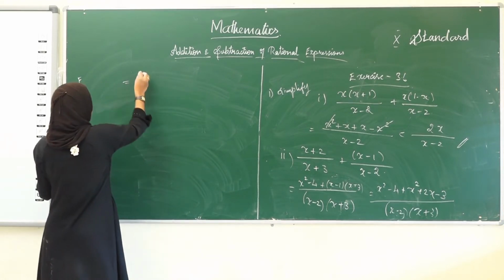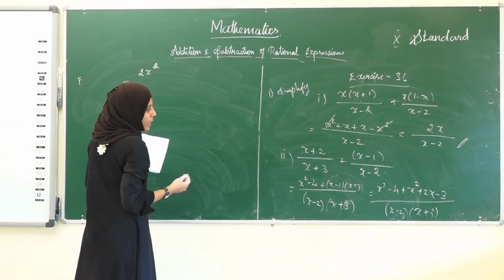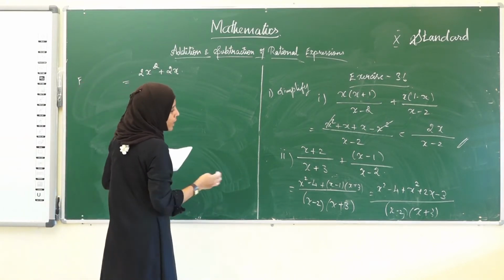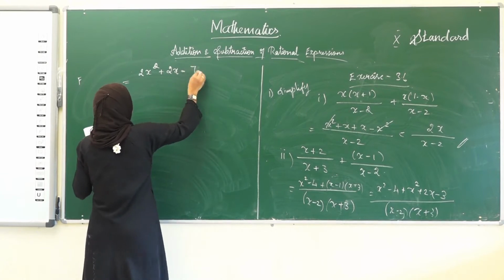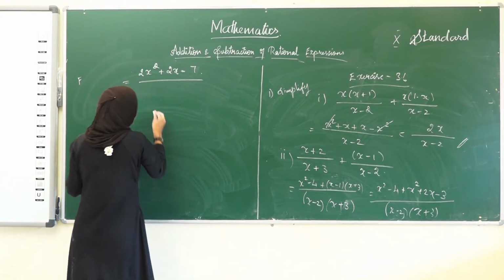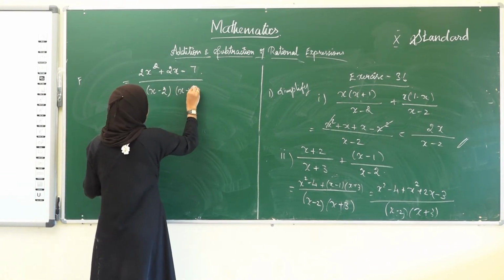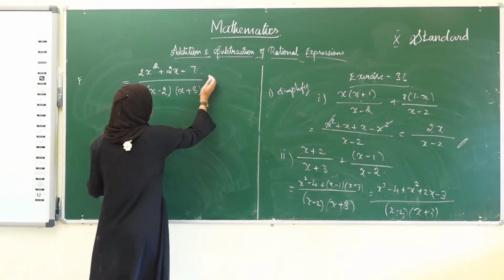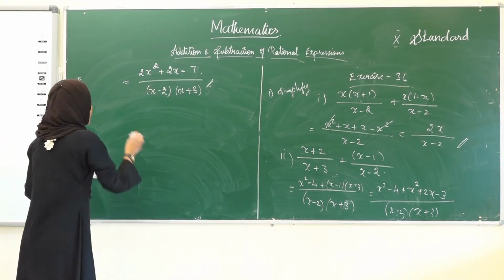Therefore, we have 2x square, since x square plus x square is 2x square, and then the x term plus 2x, and then the constant term minus 4 minus 3 is minus 7, divided by the denominator x minus 2 into x plus 3. We can't factorize this, therefore we are leaving it as it is. This is the required rational expression.